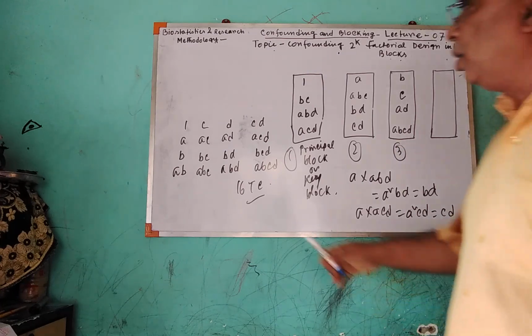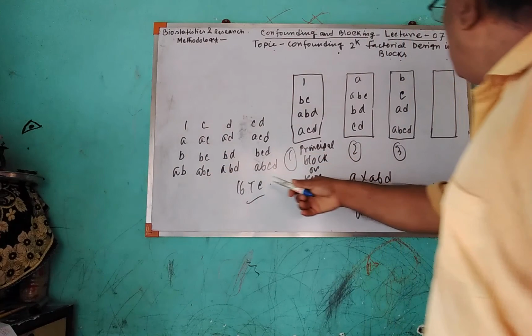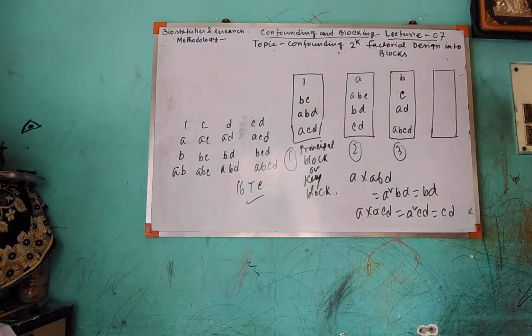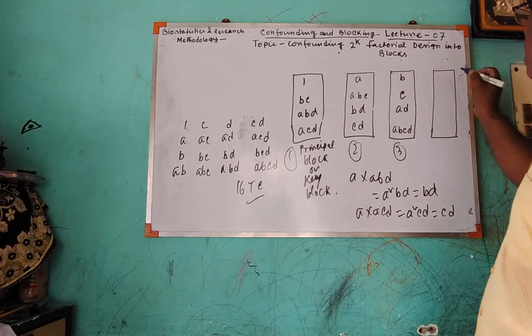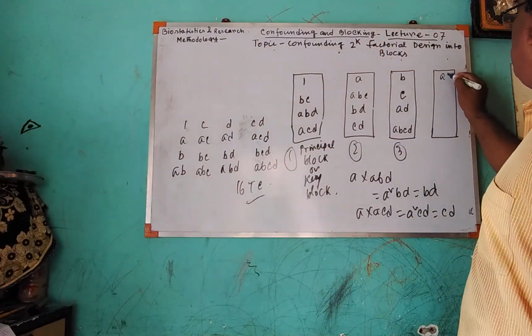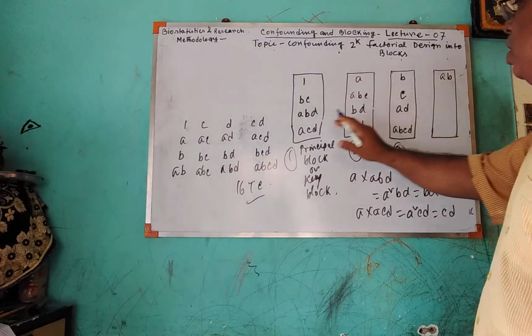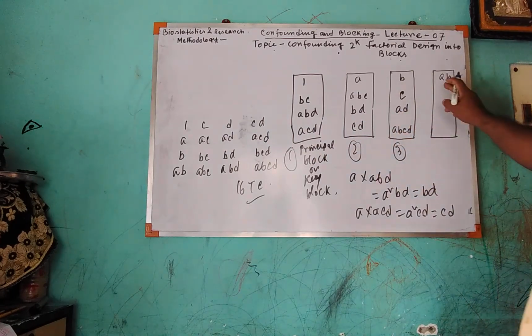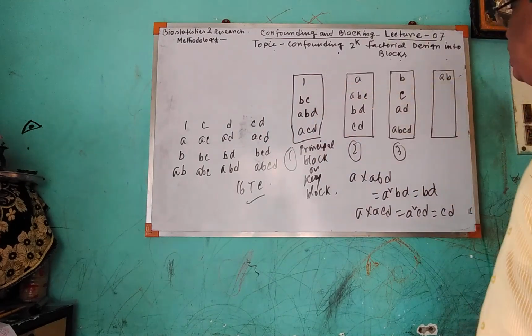Now you check. AB I have not yet taken. I am taking AB in the fourth block because AB is not assigned to the first, second or third block. Now AB into 1 is AB.